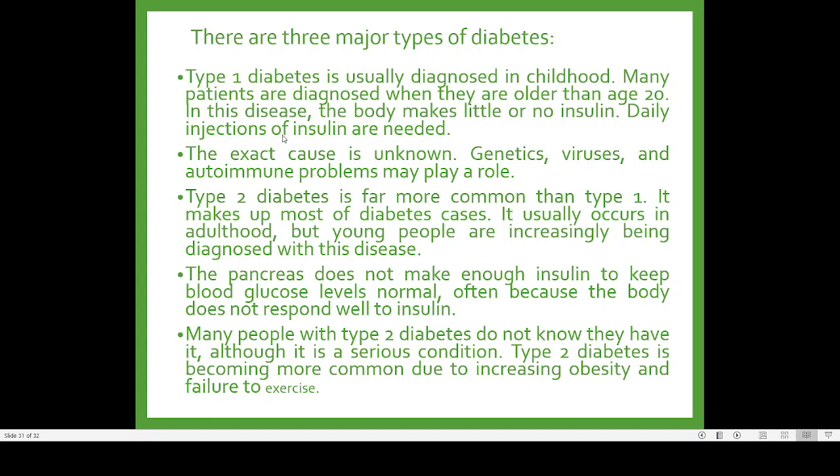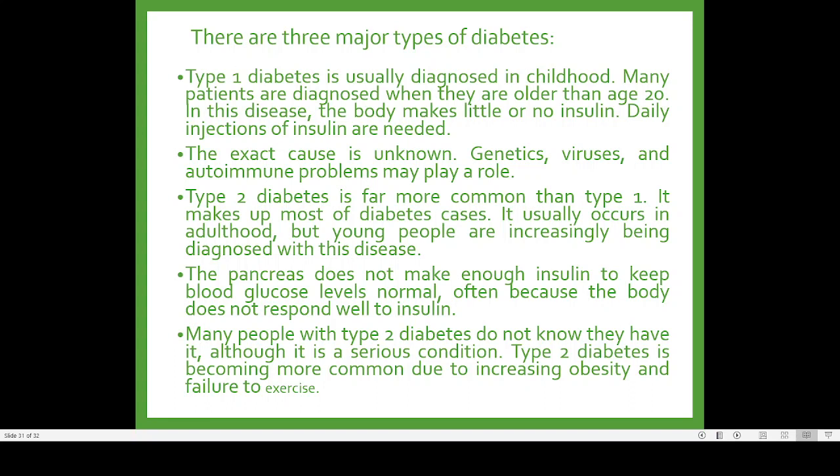Daily injections of insulin are needed. That is why it is known as insulin dependent diabetes, because you have to take insulin every day, because your body is not producing any insulin. Normally in childhood or sometimes by the age of 20, most people with this problem will be diagnosed. Now why this is happening, nobody knows.